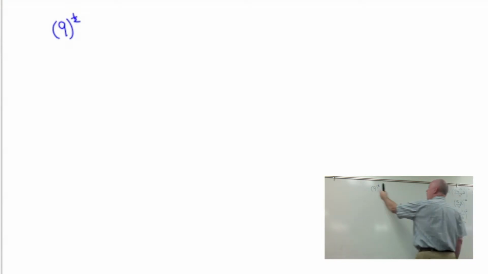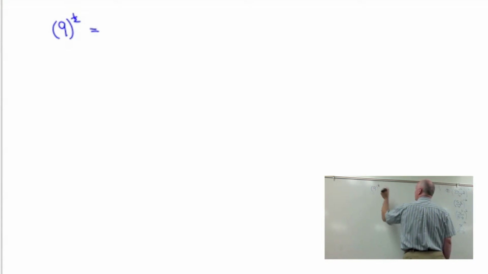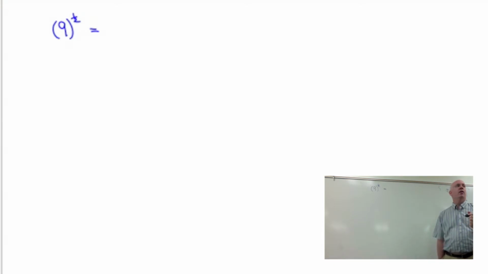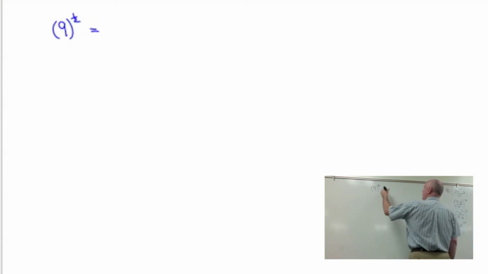What's another way of writing 9? 3 times 3. Yes, great. 3 times 3 is 3 squared. So I can write this as 3 squared, and it's still raised to the 1/2 power.